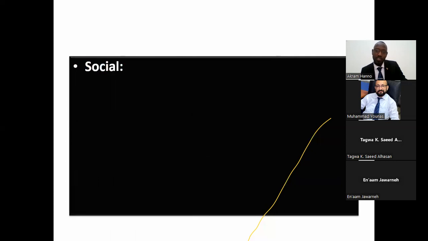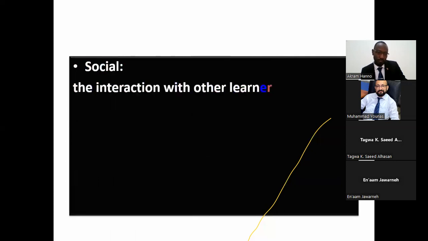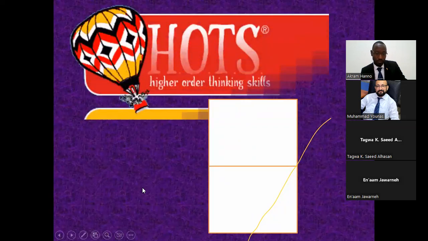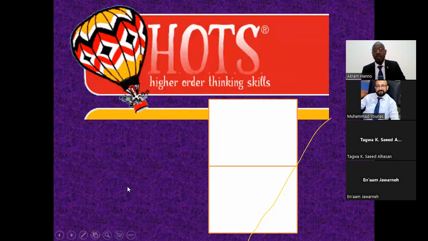And the last one is social: the interaction with other learners to improve language learning and cultural understanding. Okay, this one was talking about learning strategies.